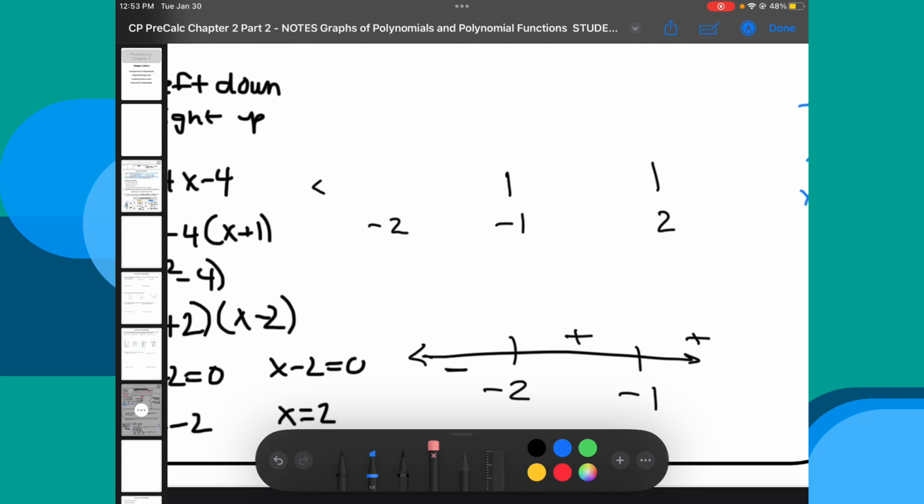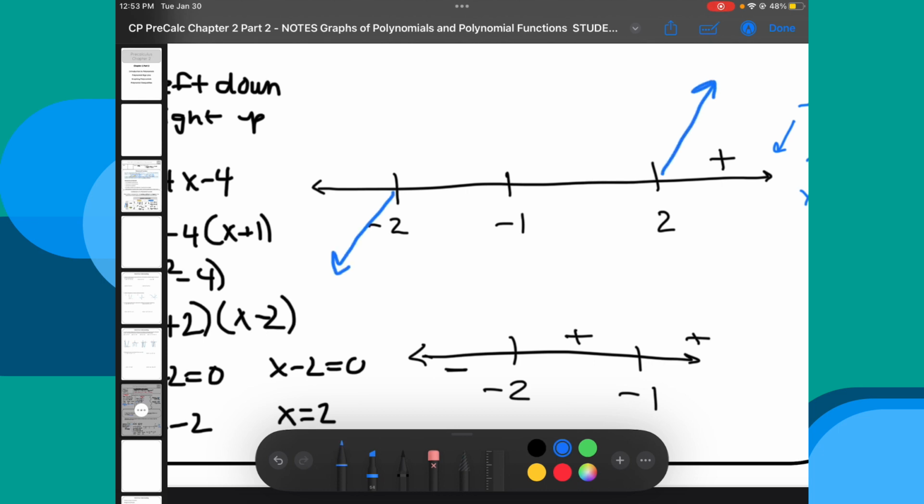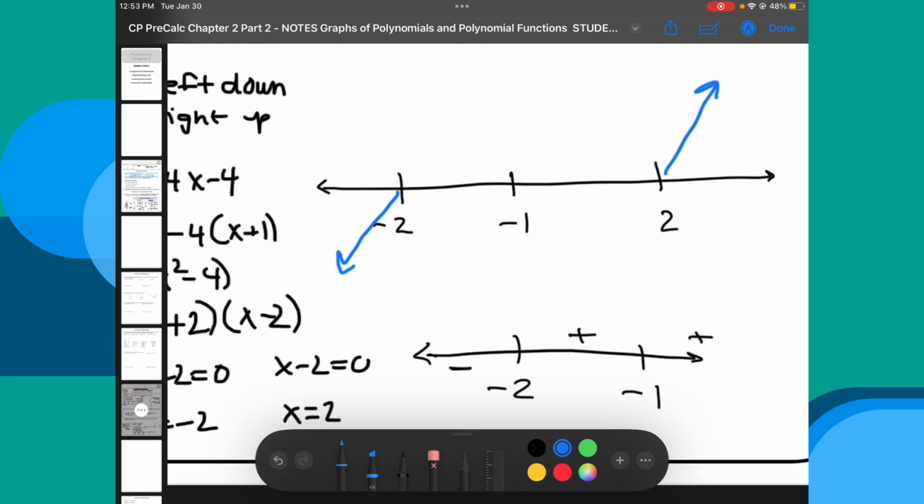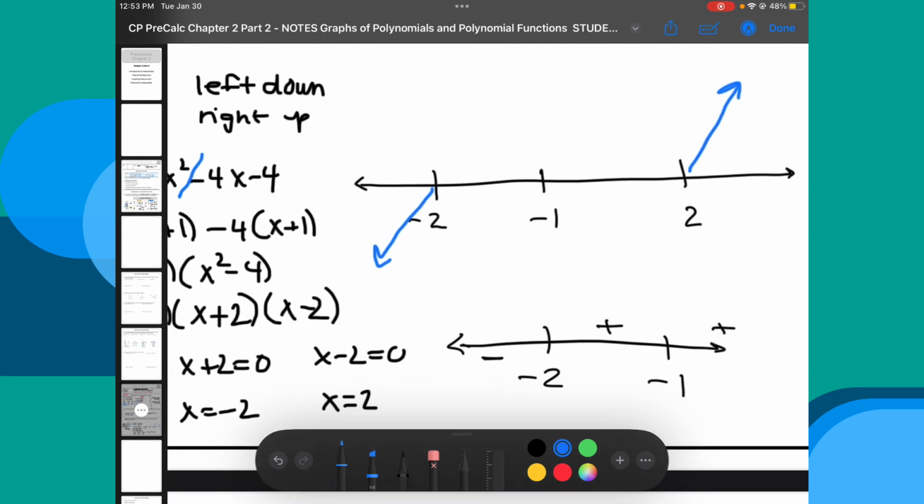I know my end behavior. Whoops. Let me get my pen back. I know my end behavior says on the left-hand side I'm going down, and on the right-hand side I'm going up. So I'm going to put that on first. I know my multiplicity at -2 is odd, so I have to go through -2. I have to cross the x-axis.